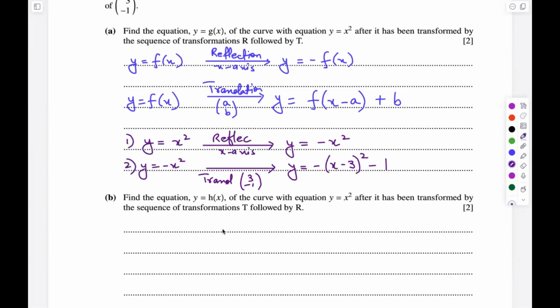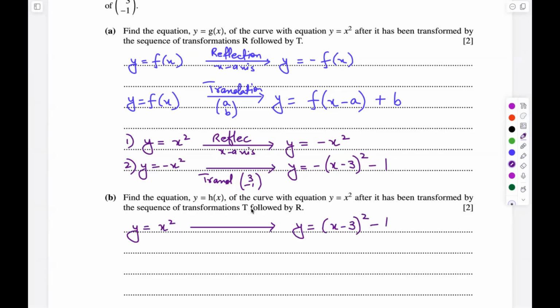In part B, it says find the equation h of x of the curve with the equation y equals x squared after it has been transformed by the sequence of transformations T followed by R. Now, in this case, the first transformation is a translation. So after a translation, this will be written as y equals (x minus 3) whole squared minus 1.